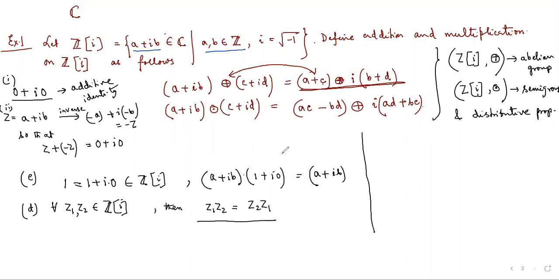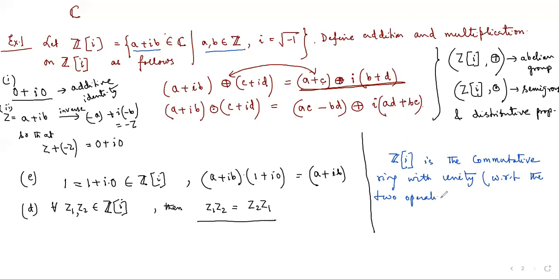All the properties A, B, C, D, E lead you to the fact that the set Zi is a commutative ring with unity with respect to the two operations defined.